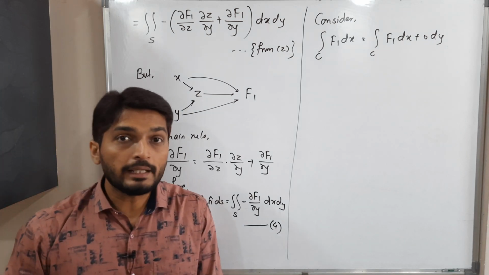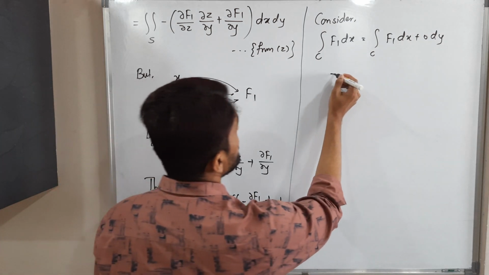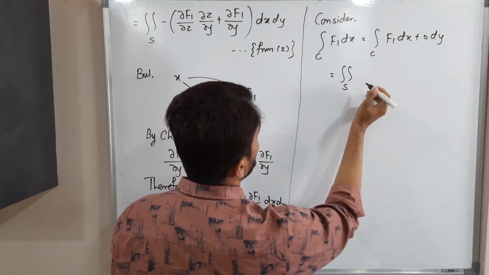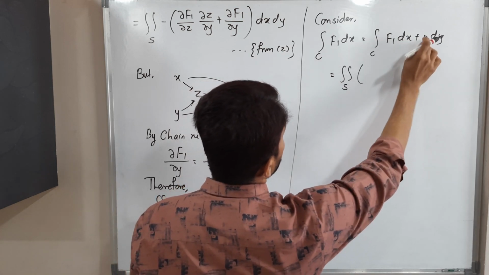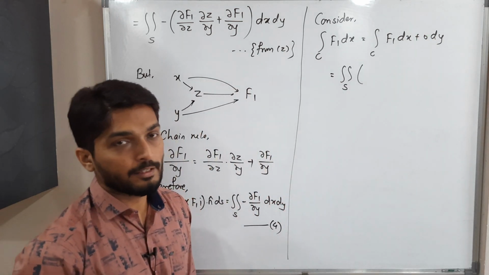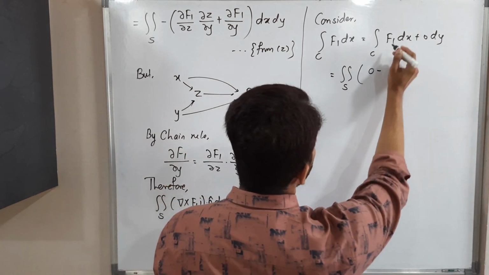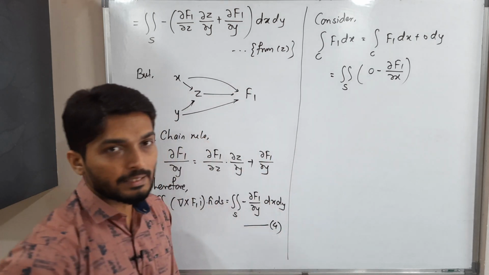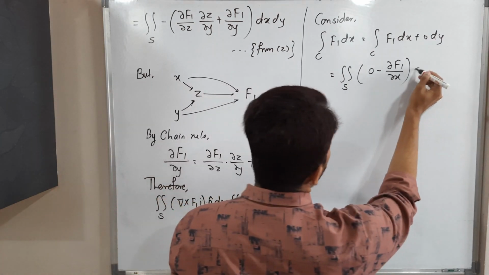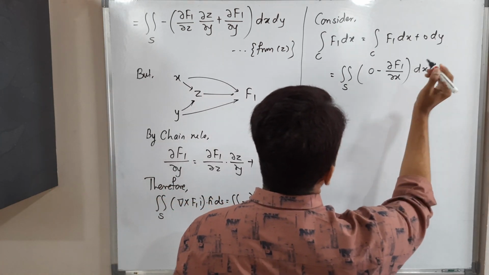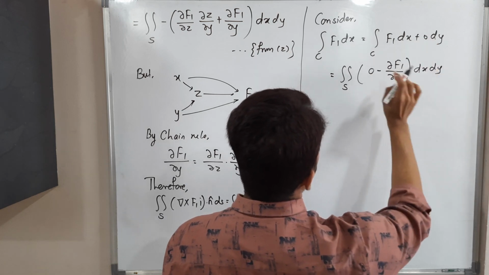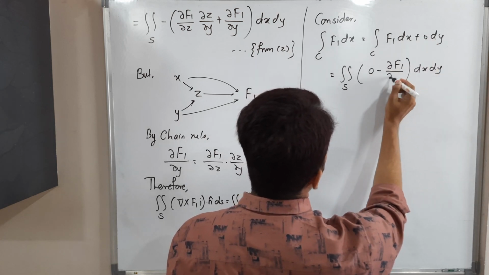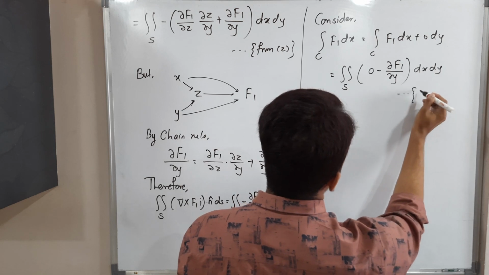Now we can apply Green's theorem here. Green's theorem says this is a surface double integration over S of the derivative of 0 with respect to y minus the derivative of f1 with respect to y, dx dy.